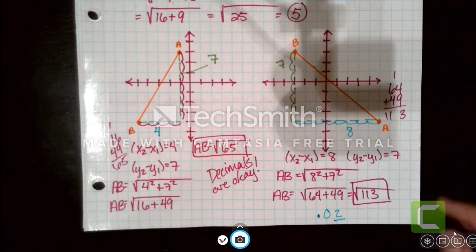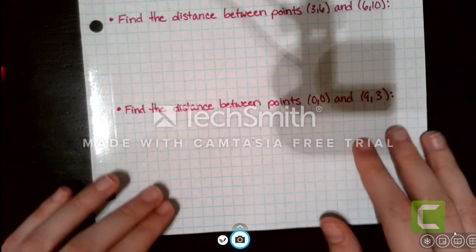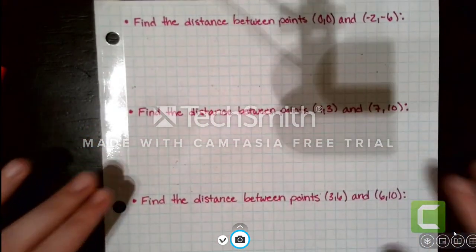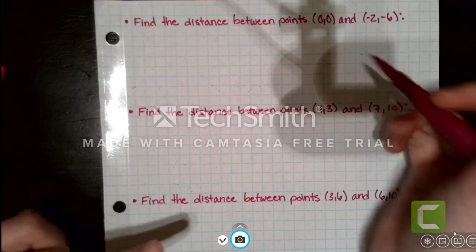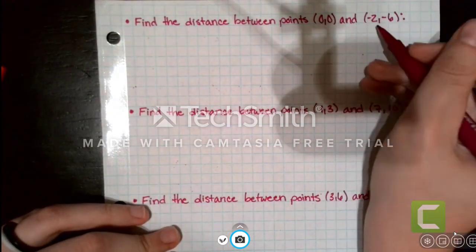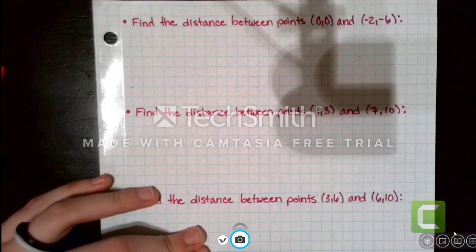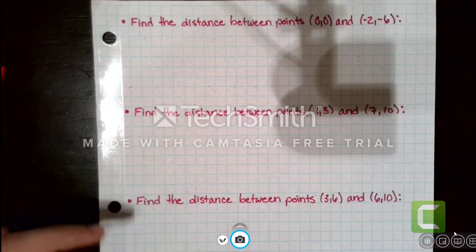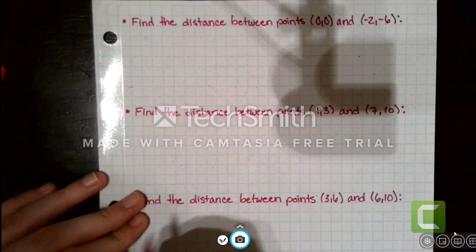Let's take a look at some examples where you're not given a graph. In this example, we have to find the distance between the 2 points 0, 0 and -2, -6. So in this case, we actually cannot do any counting, but what we can do is do the original formula that we practiced at the beginning of the lesson.